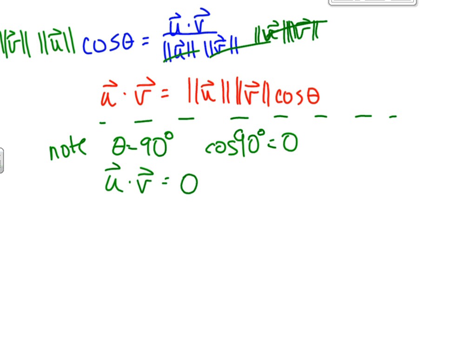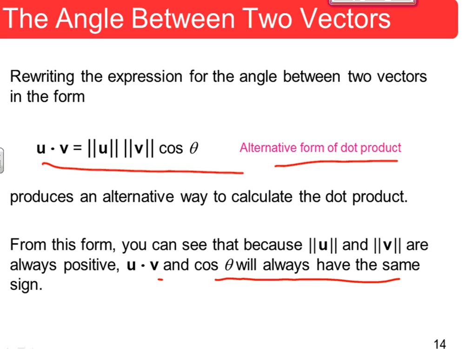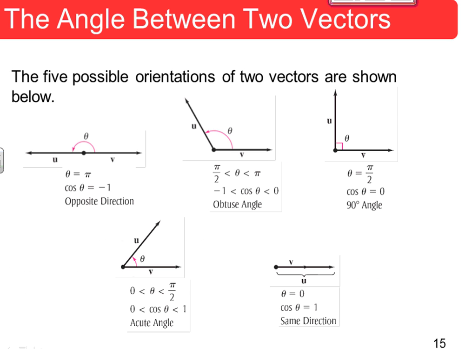And that's actually on a slide here, but I like to talk about it a little bit before you see that. So here's that thing we just talked about, an alternate form of the dot product, and the cosine of theta and the dot product have the same sign. And then here's a bunch of pictures.